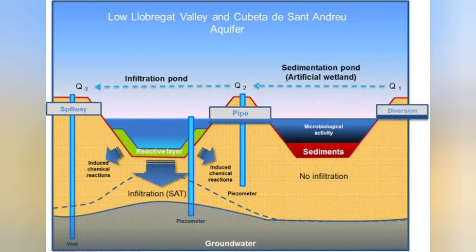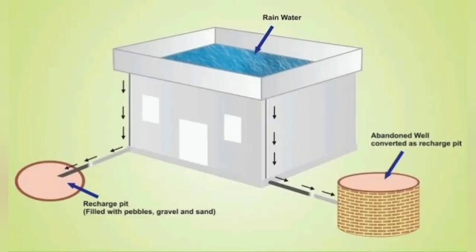The availability of subsurface storage spaces and its replenishment capacity further govern the extent of recharge. The hydrogeological situation in each area needs to be appraised with a view to assess the rechargeable capabilities of the underlying hydrogeological formations.